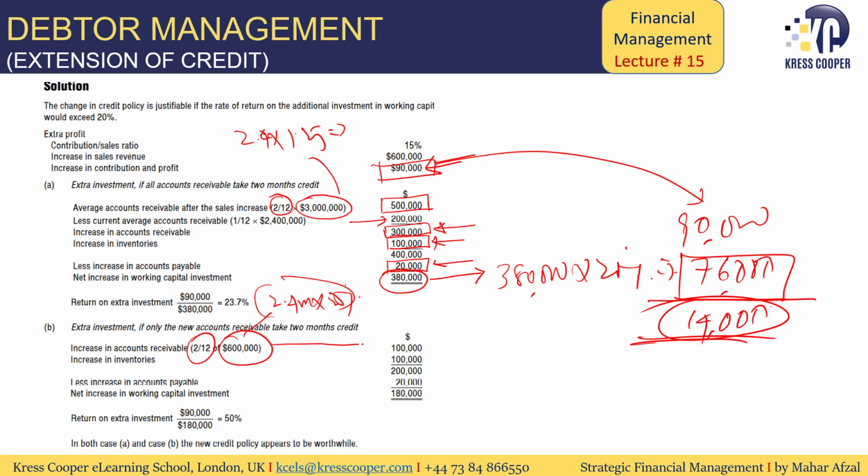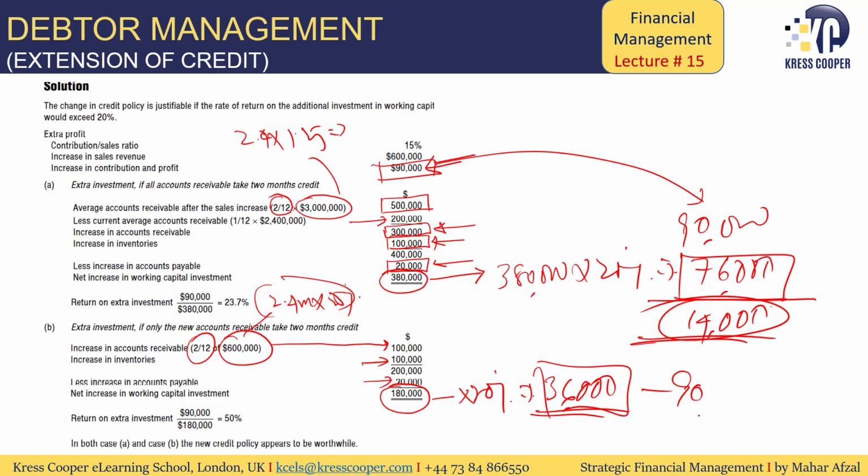My increase in debtors is 100,000, increase in inventory 100,000, increase in accounts payable 20,000. So the net increase in working capital investment is 180,000, into 20% is equal to 36,000. This is the incremental cost. The incremental benefit is 90,000. So the net impact will be 90 minus 36, which is 54,000.